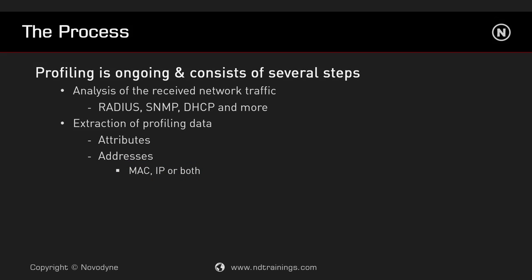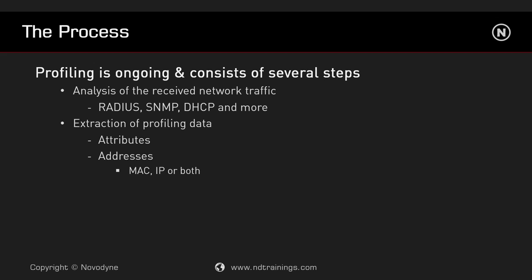And the reason for this is that some profiling probes will not be able to correlate attributes collected for the device if they don't have a matching entry in the endpoint database. Okay, so the situation is going to be pretty straightforward with physical addresses, with MAC addresses, because this is what populates the endpoint database.